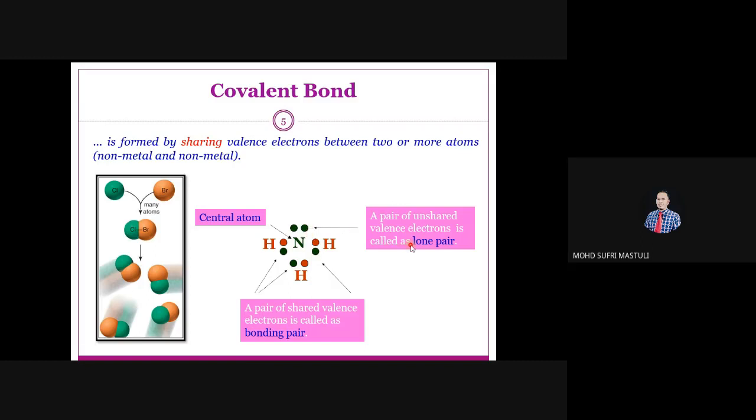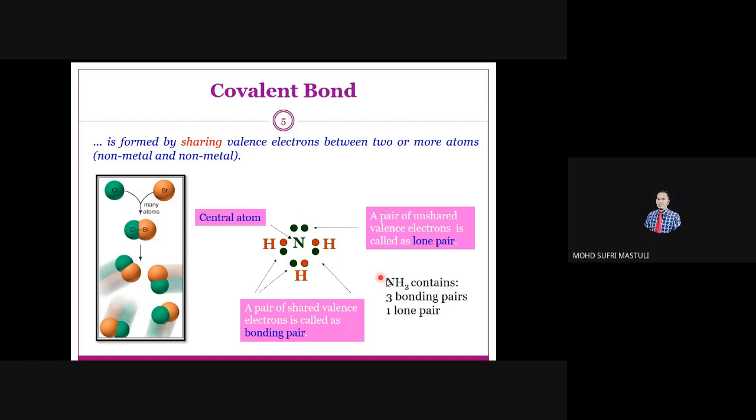Another terminology for lone pair is non-bonding pair. The bonding pair is valence electrons sharing. The non-bonding pair is a pair of electrons that does not involve in the bonding formation.